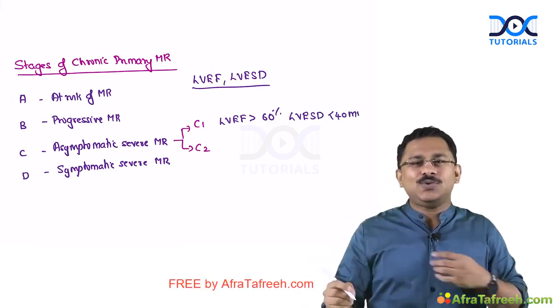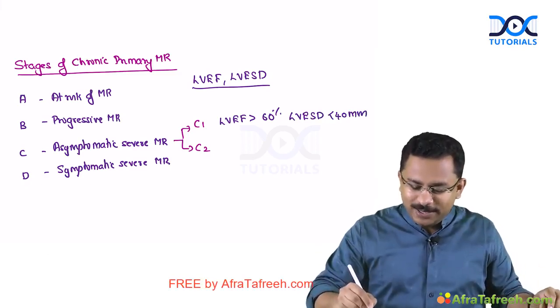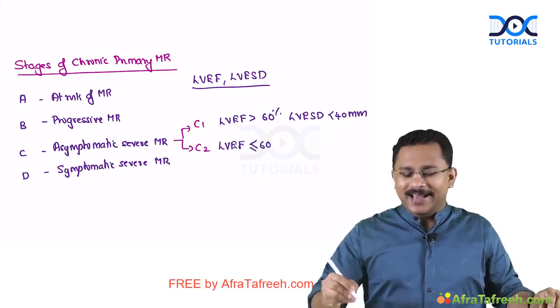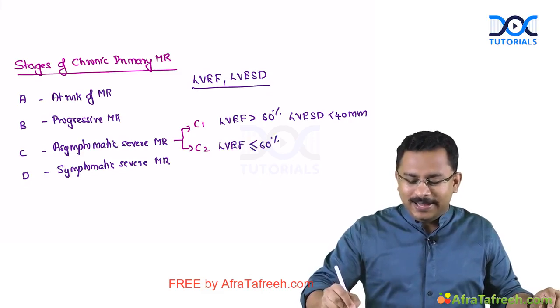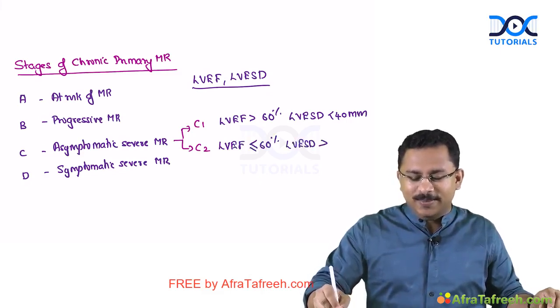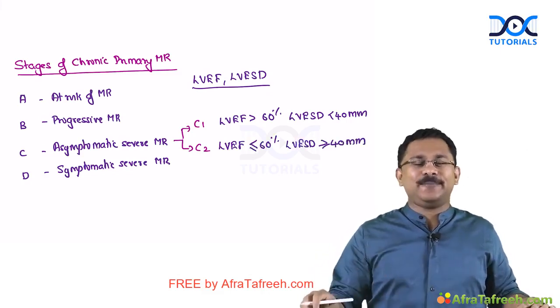Whereas in stage C2, you will have a left ventricular ejection fraction less than or equal to 60% and a left ventricular end systolic dimension more than or equal to 40 millimeter. This is how you subdivide.